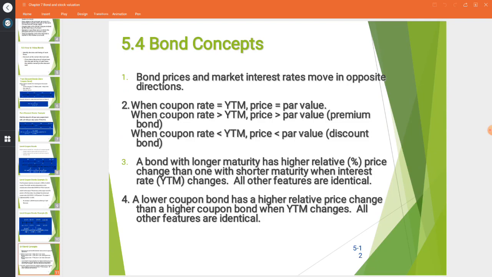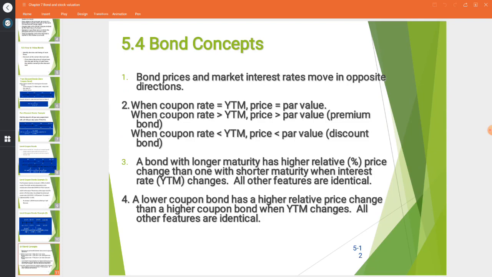If there is an increase in interest rate, this will lead to a decrease in the bond price, or market value of this bond. The second rule, the BV of the bond will be determined through the relationship between coupon rate and the yield to maturity. So the relation between coupon rate and YTM will play a very important role in determining the BV of the bond.